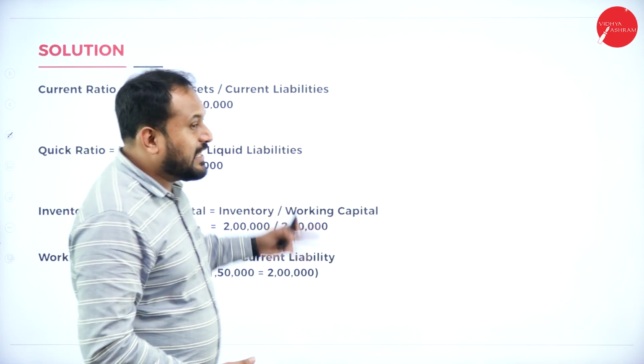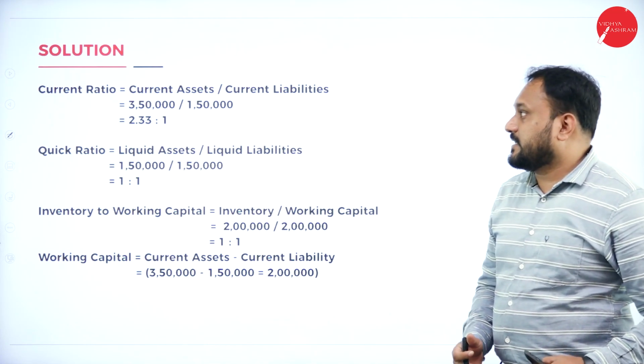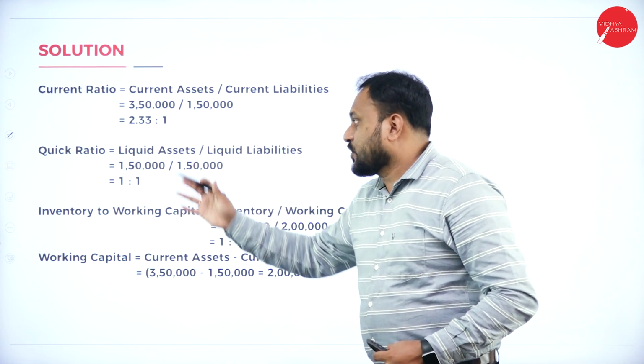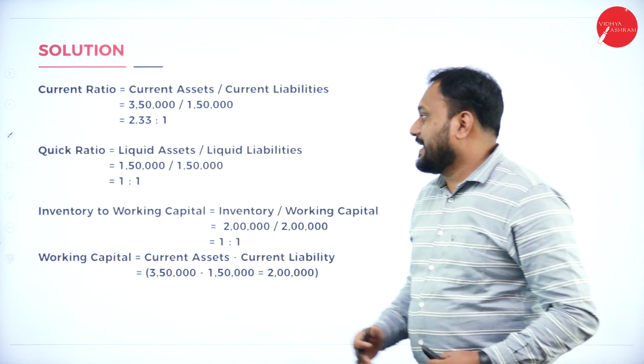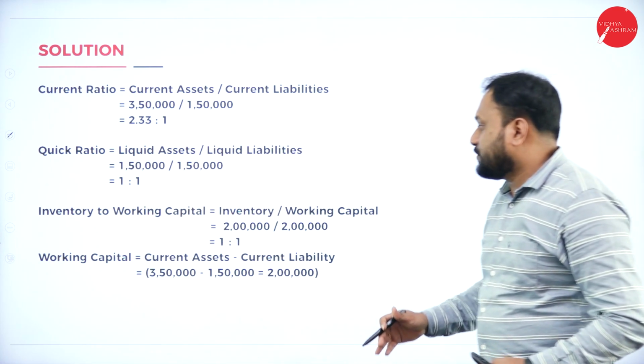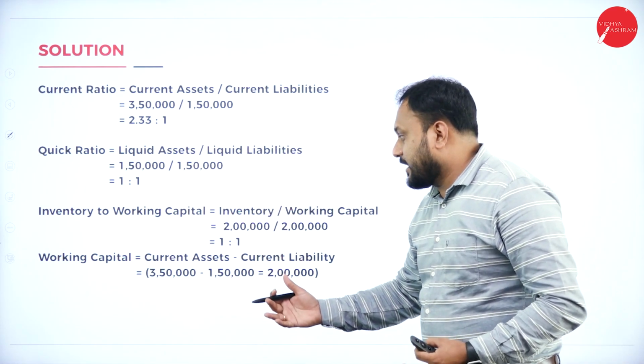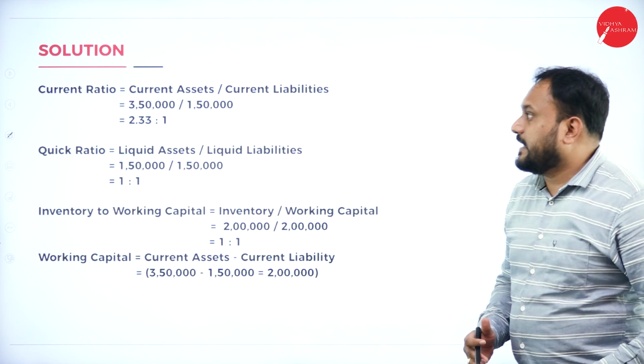Now in this I have shown you the formulas also: current ratio is equal to current assets divided by current liability. Quick ratio is equal to liquid assets divided by liquid liability. Inventory to working capital is inventory divided by working capital. Now working capital is calculated as current assets minus current liability.